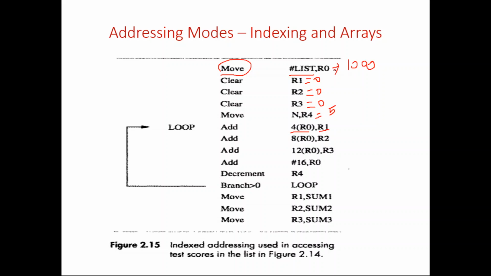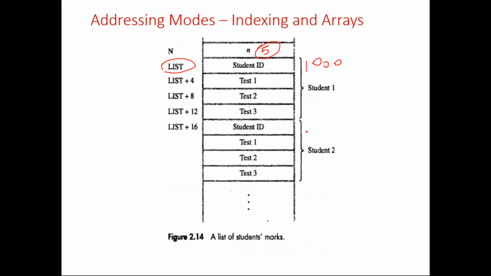The register R0 contains 1000, so it acts like a pointer, referring to the location 1000. Then 1000 is added with 4. 1000 plus 4 is 1004.